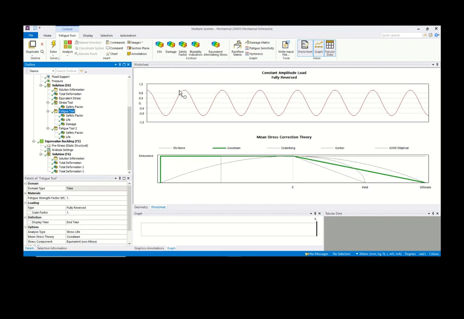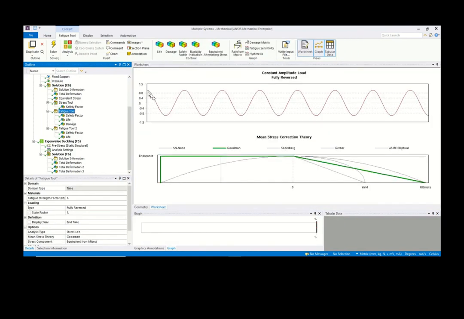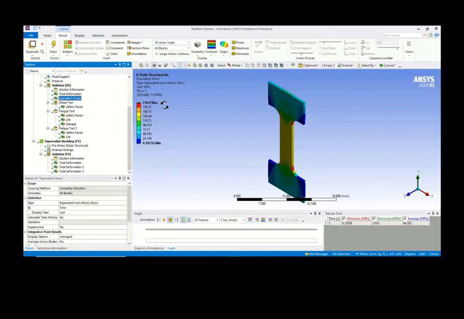If I consider the cyclic load due to this 50 megapascal with the frequency, will I still have 216.9 as the stress induced?